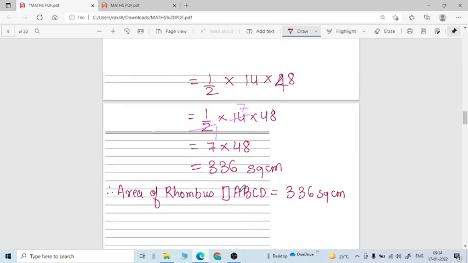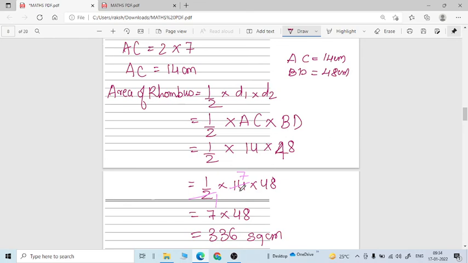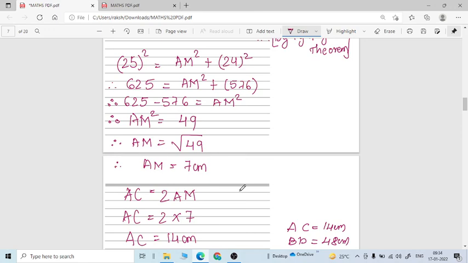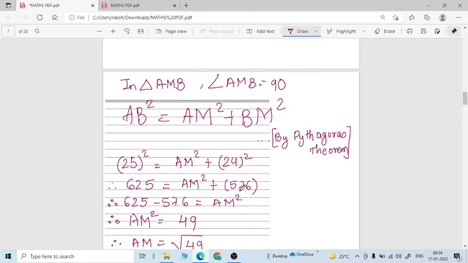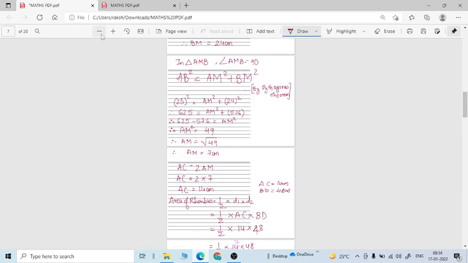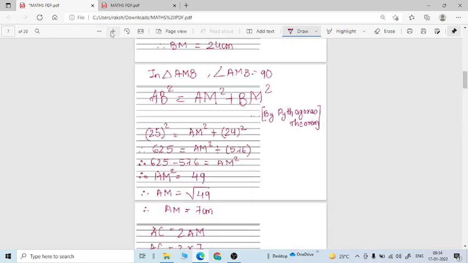I think students, you have understood how we calculate this for a rhombus. This sum mostly comes for 3, 4 and 5 marks. Do not worry, it's very easy. Pay attention as we solve the sums. It's not rocket science.